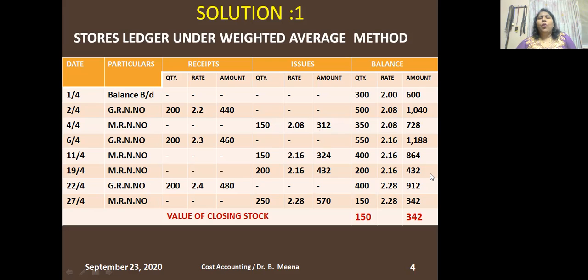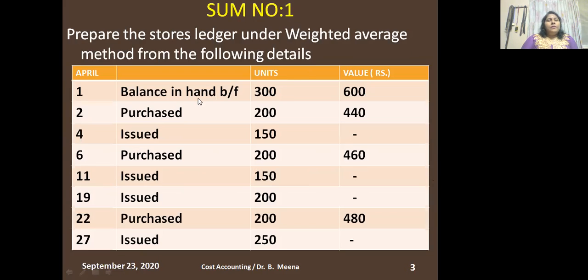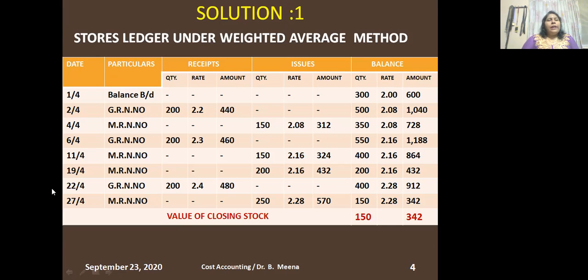And then I will go to the next date, that is 6th April, purchase 200 units. The value is given as 460. So I showed the 6th April GRN number because it's a purchase, then 200 units, value is given in the amount column.